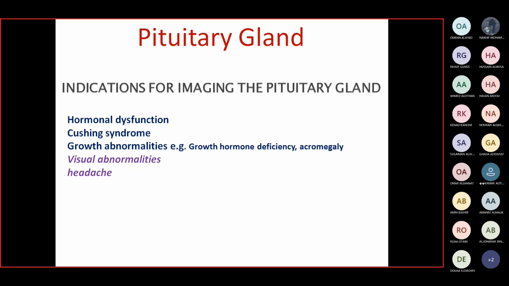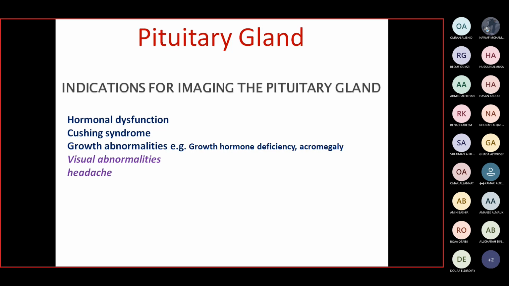Indications for pituitary gland imaging may include hormonal dysfunction. When there is a hormonal dysfunction, as you know, the pituitary gland can secrete many hormones, such as growth hormone, thyroid stimulating hormone, prolactin, vasopressin, and so on.